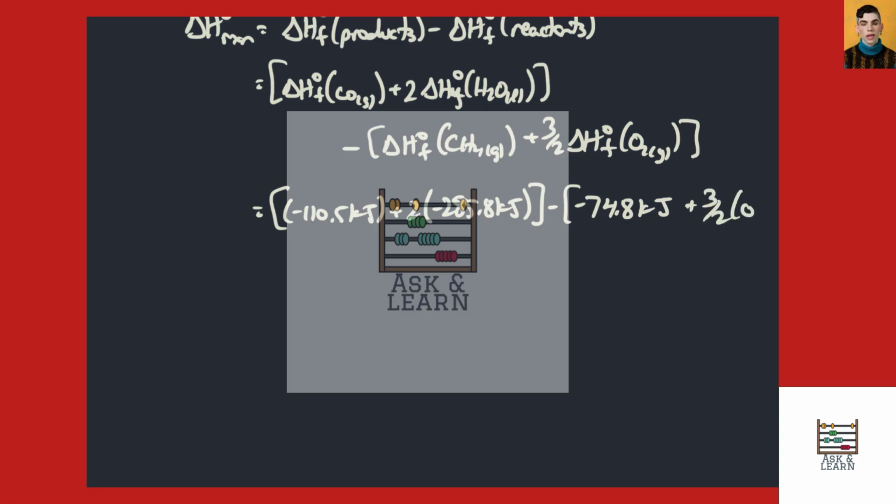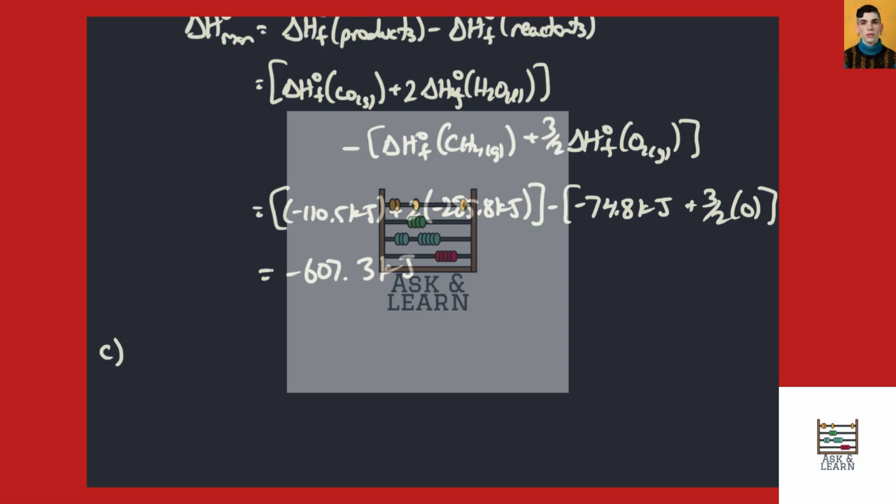Delta H naught formation of O2 is 0. This works out to negative 607.3 kilojoules. So here we have 3 different reactions for CH4 with oxygen, producing 3 different products, and the delta H naught reaction for all 3. So we've done A and B for both parts already.